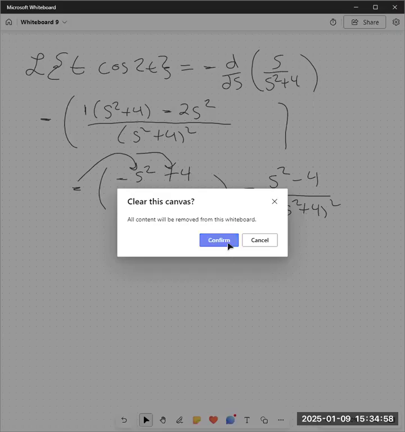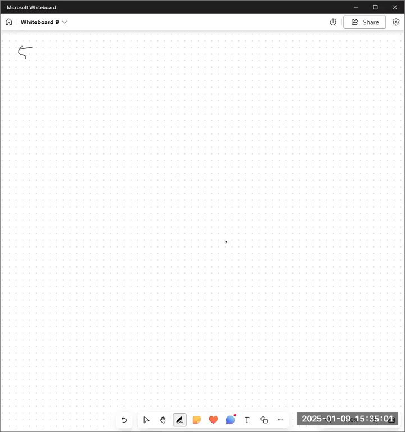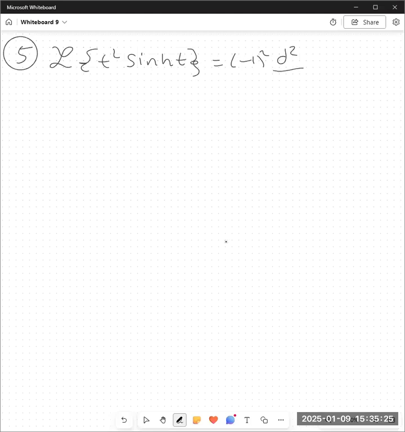Let's look at number 5. That is the Laplace transform of t squared sinh of t. So that's going to be negative 1 squared, d 2 ds 2 of 1 over s squared minus 1.